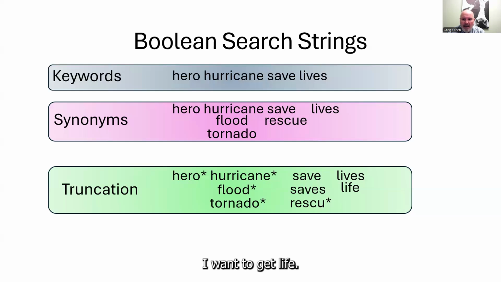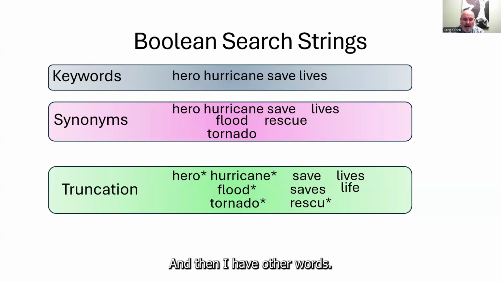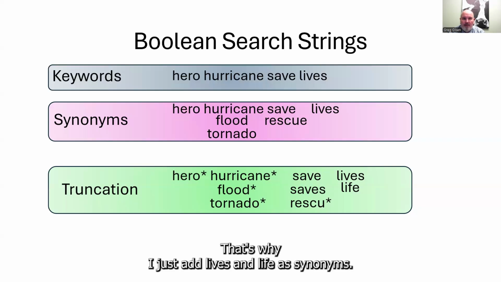I want to get life, but in order to get lives and life, I would have to put the asterisk after the I. And I'm going to get everything that starts with LI and then has other letters. I'm going to get lion. I'm going to get living. I'm going to get little. All of these words are going to mess up my search string. That's why I just used lives and life as synonyms.